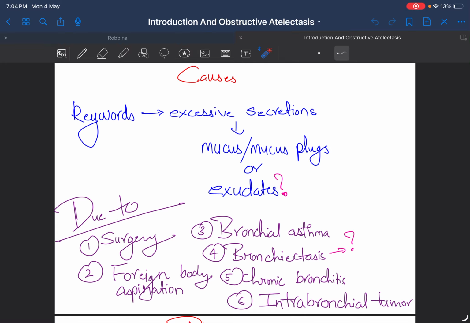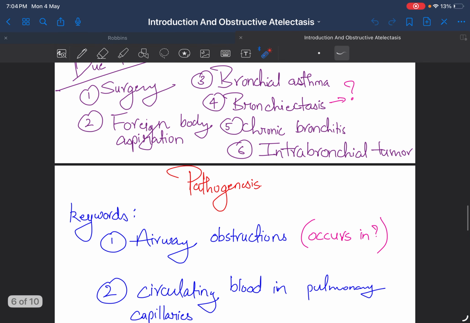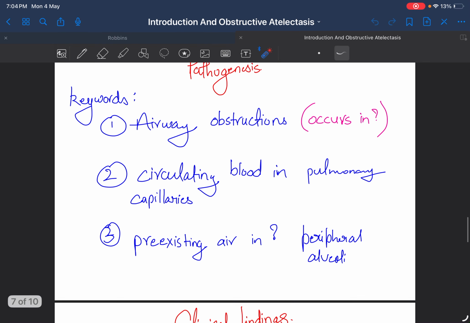Then we have chronic bronchitis, that is inflammation. Then we have intrabronchial tumor, which is basically a carcinoma, the first sign of cancer.